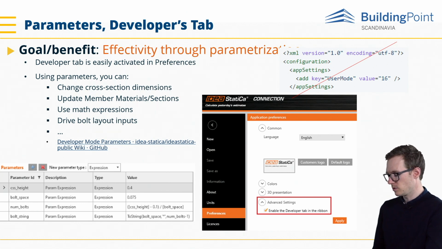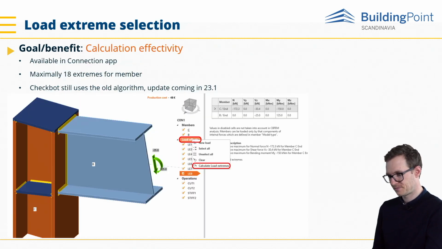Users can also use mathematical operations, where the syntax is published on our GitHub with all details. This is for the advanced users who would like to use this developer tab. And this parameterization can make your life easier if you're interested in it.